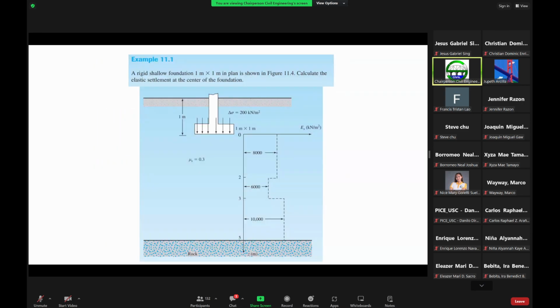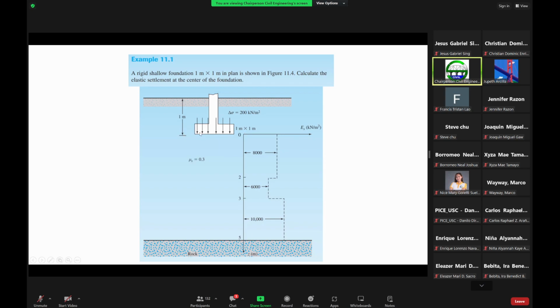Okay, so here we have an example of a rigid shallow foundation, 1 meter by 1 meter in plan, with an embedment depth of 1 meter.